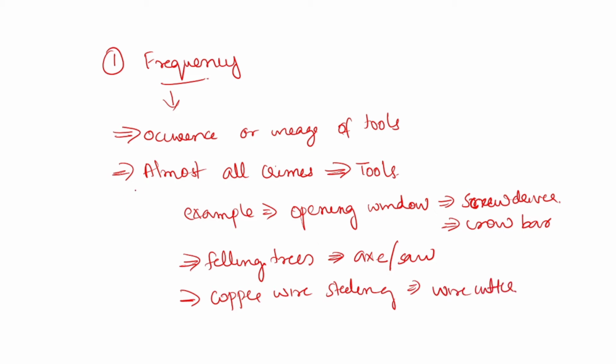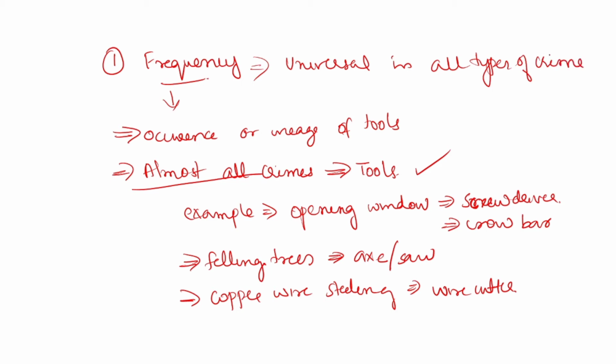So in almost all types of crimes, tools are involved, and thus tool marks can be seen. That is called frequency. The occurrence of tool marks is almost universal in all types of crime. That is about frequency. And the next one is permanency.